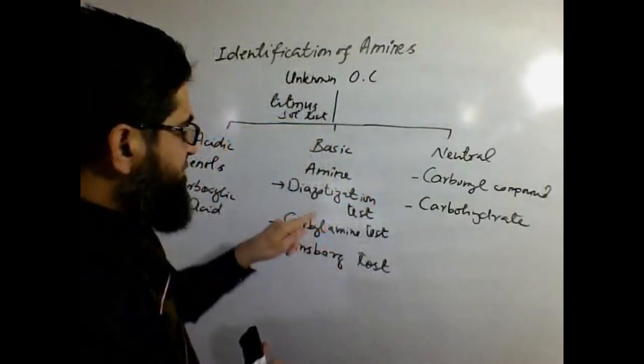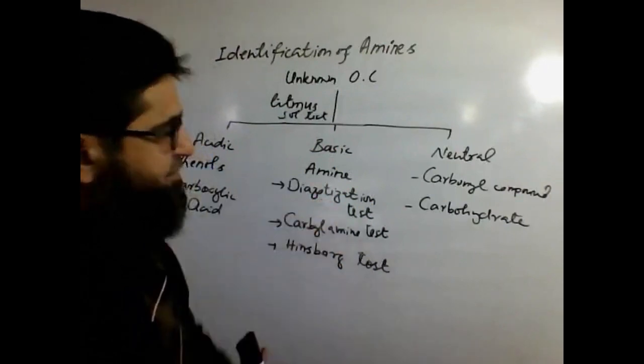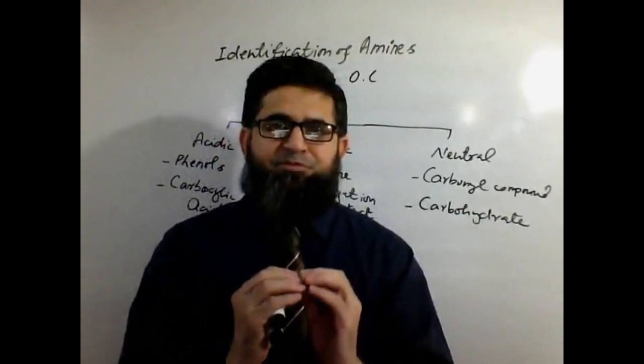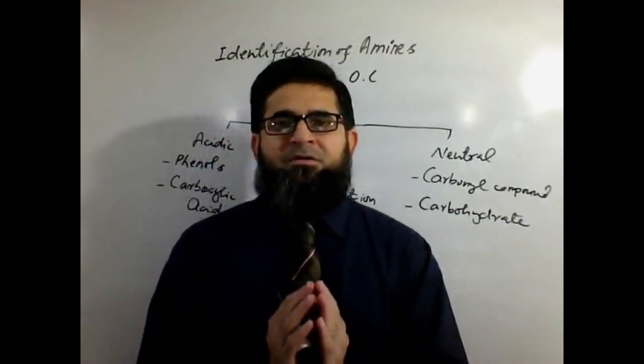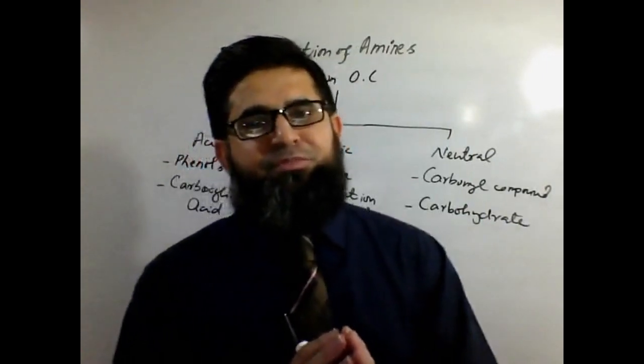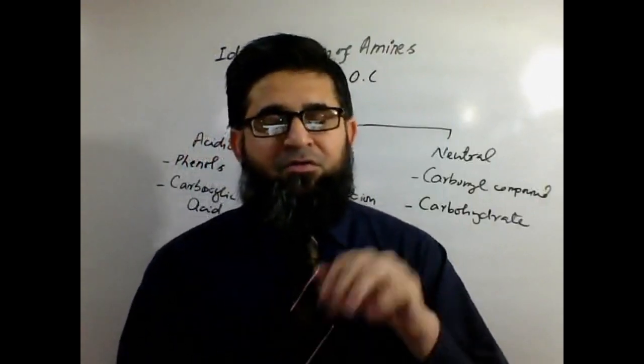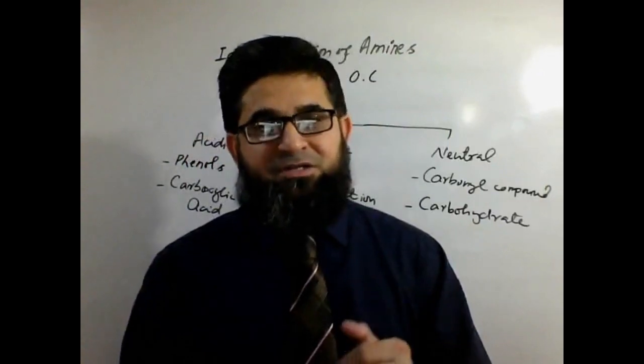So it confirms the presence of a primary amine. For performing this test, one should be careful to keep the temperature less than 5 degrees. We are supposed to use ice jackets.